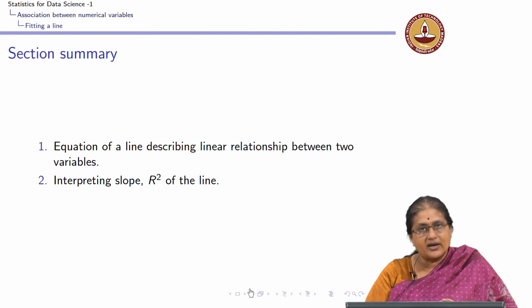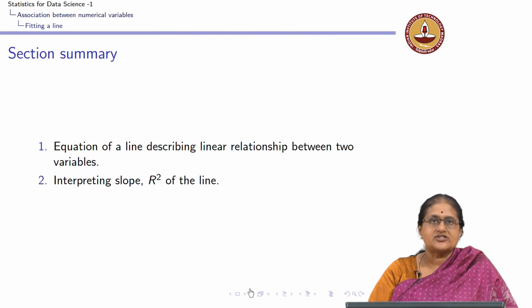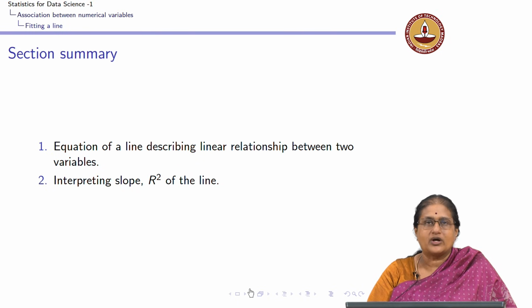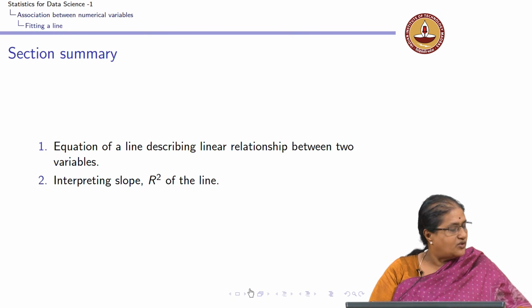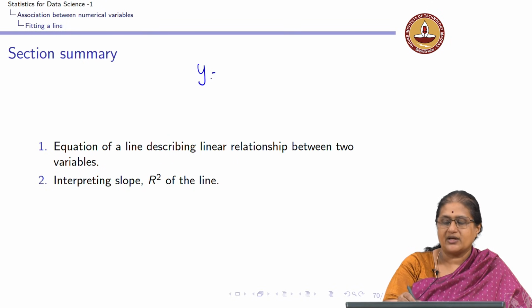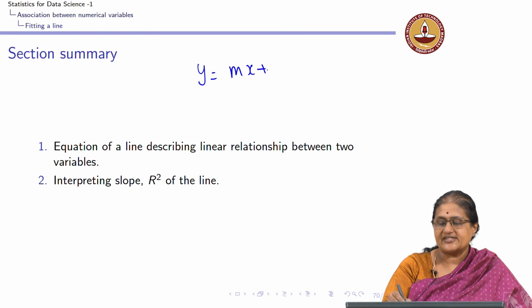We have not again gone into the mathematics of trying to find what is a line of best fit. However, we got this equation of a line through our Google Sheets, and when we look at the equation of a line, I get it as y equal to m x plus c.